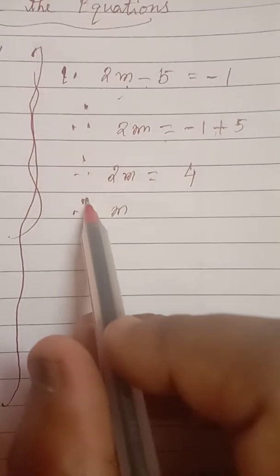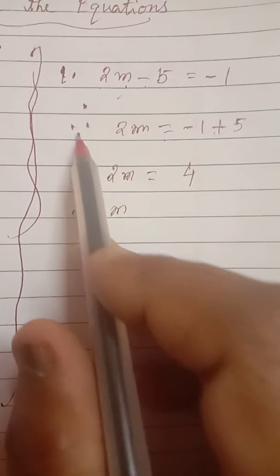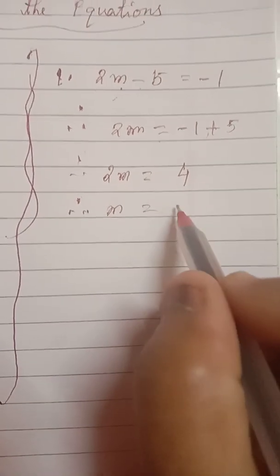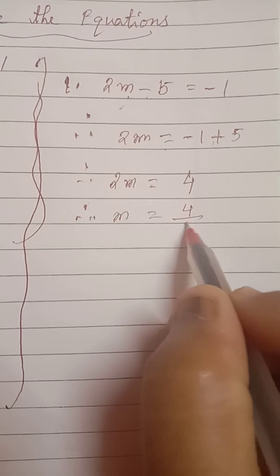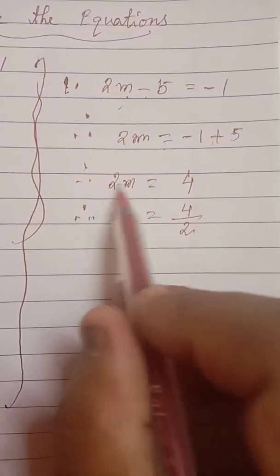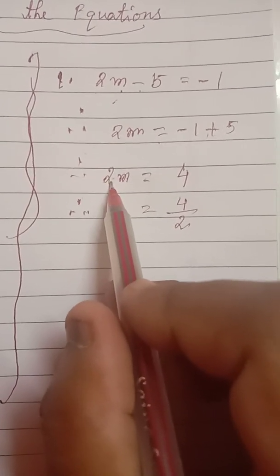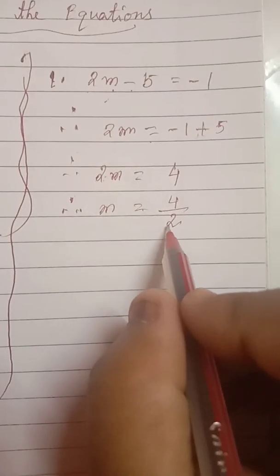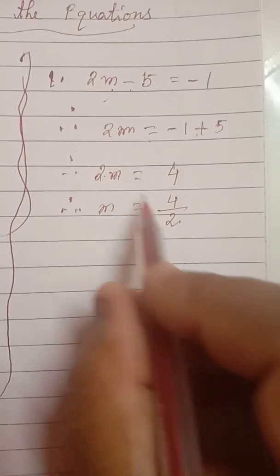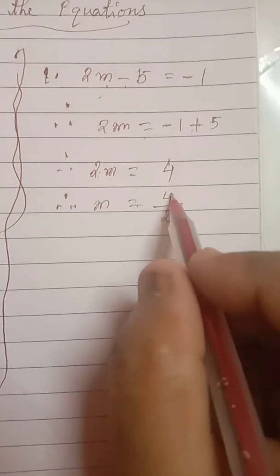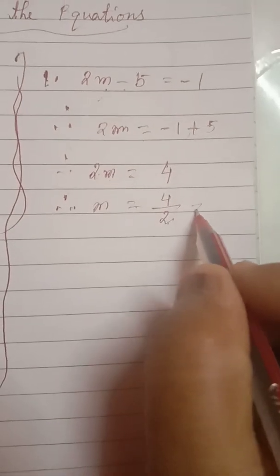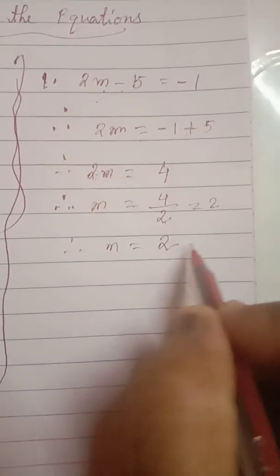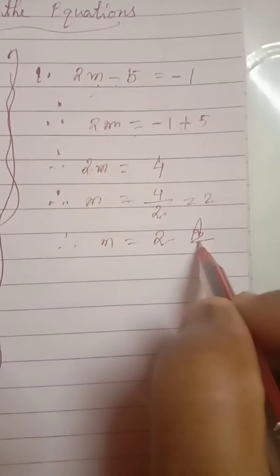On the left-hand side we always apply this sign of therefore. m equal to 4 divided by 2, because in 2m the relation is multiplication, and when it crosses the equal sign it changes its sign: multiply becomes divide. Then 2 twos are 4. So the value of m equal to 2. It is our answer.